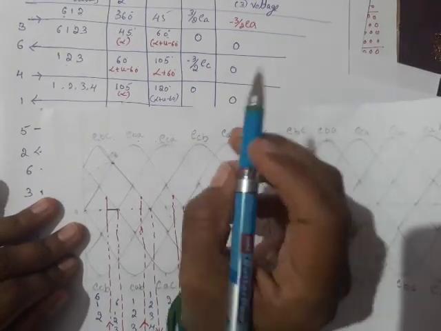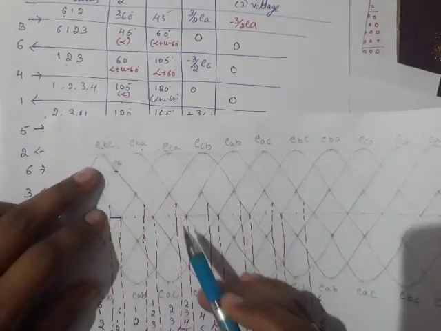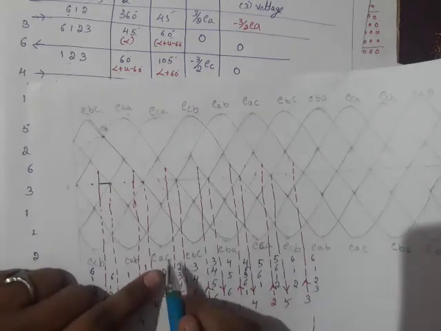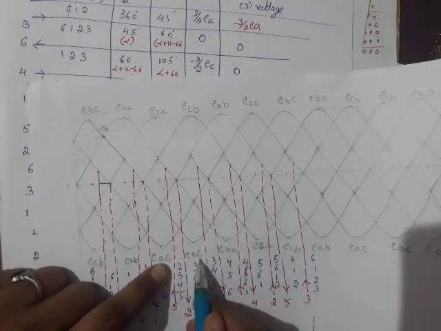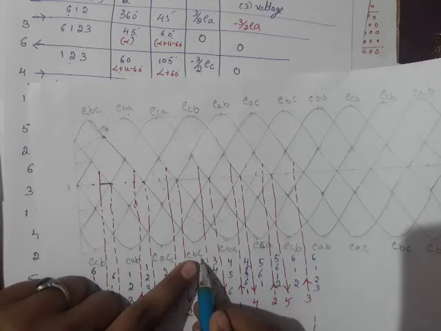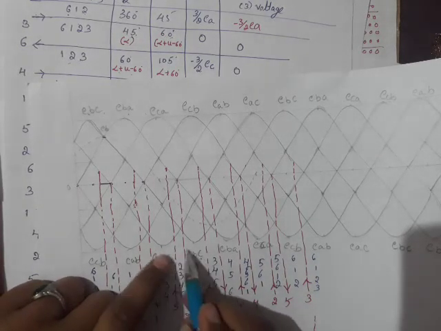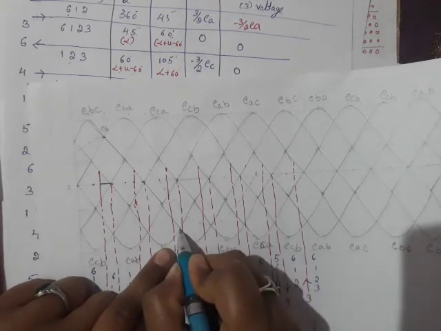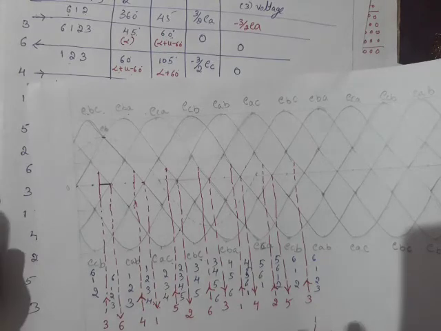Then I have to look for EC. Here we have EBC. Here we have EAC. See here, EAC and EBC. This is EA minus EC, this is EB minus EC. Means in between these two line voltages, I'll get the phase voltage. Please understand this.